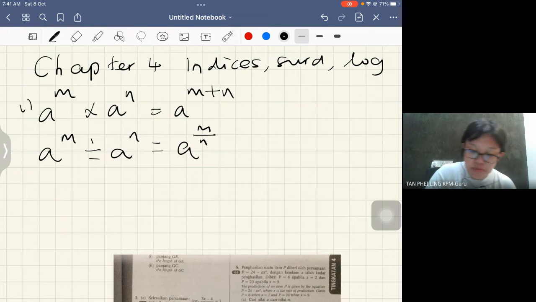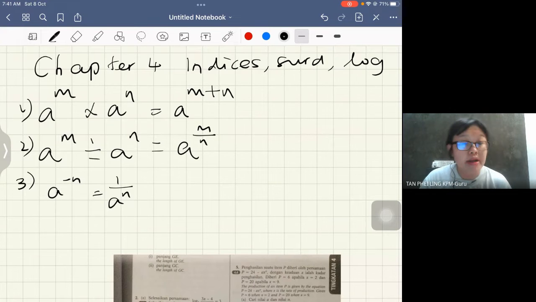So first one, second one. The third one, we will have a power negative n, for example. Then you will have 1 over a power n. Am I right? Okay. And then we continue with number 4.